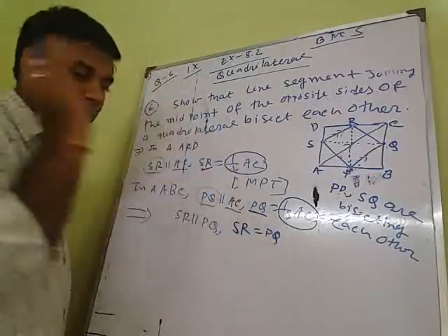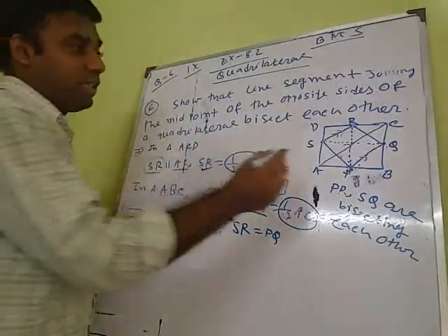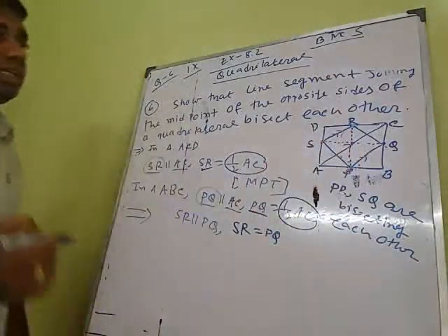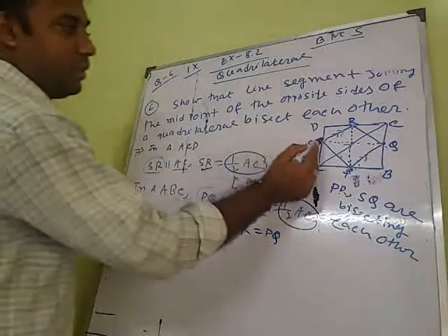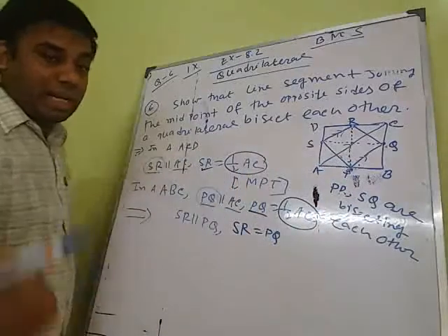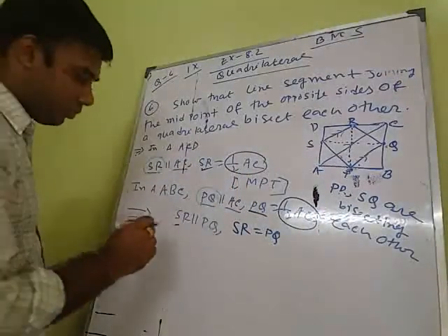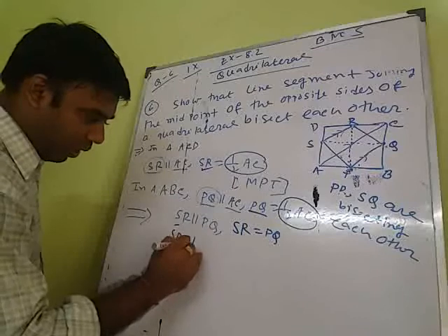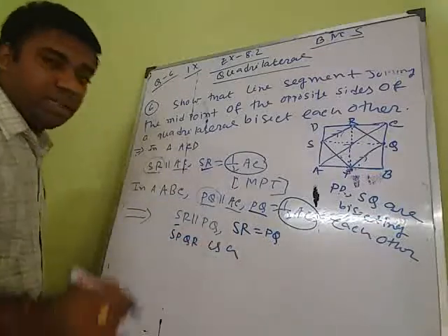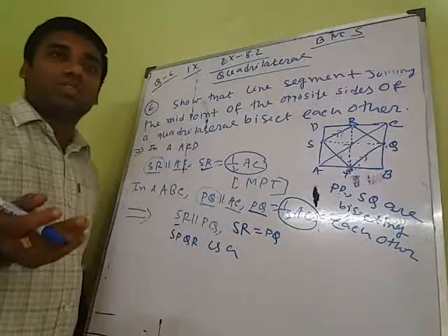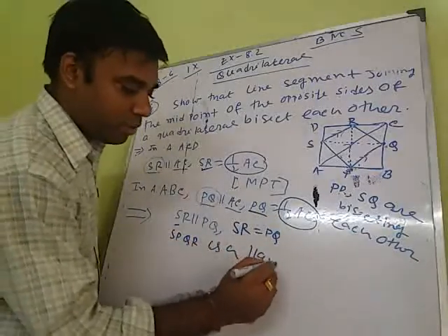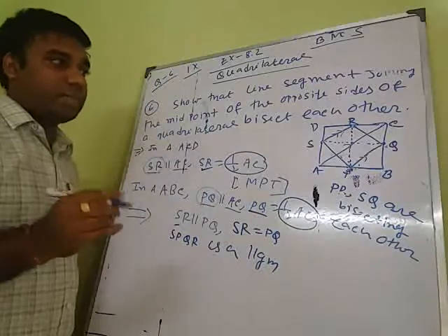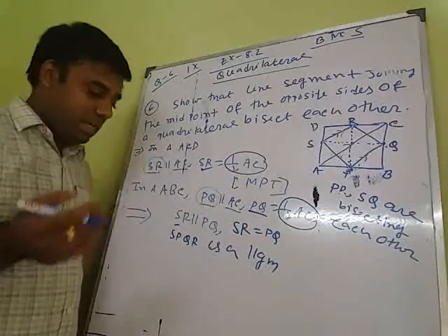So one thing is clear, students: in quadrilateral SPQR, one pair of opposite sides, SR and PQ, are parallel as well as equal. This is called a parallelogram. So PQRS is a parallelogram.